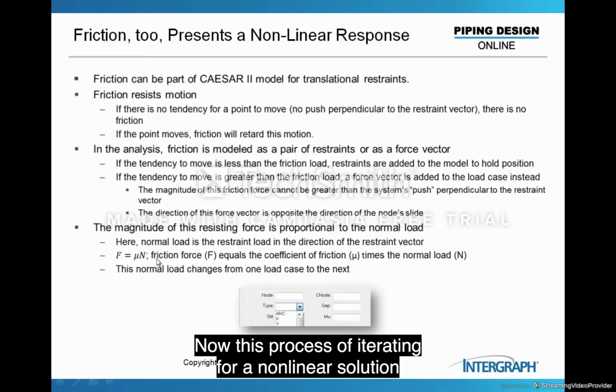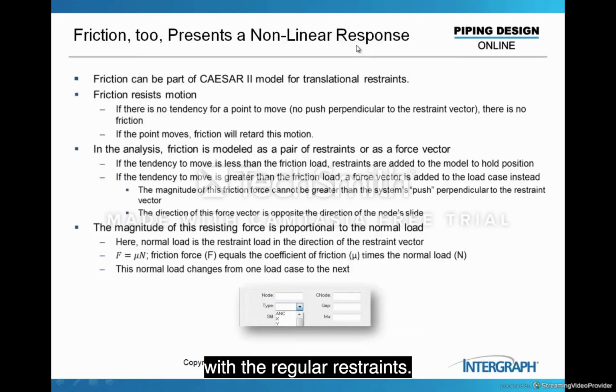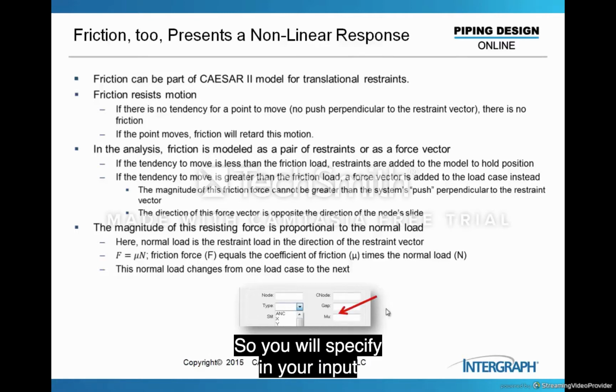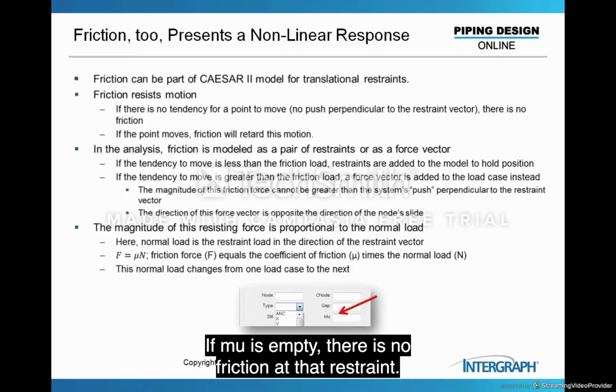Now, this process of iterating for a nonlinear solution will occur for every load case, just like it did with the regular restraints. So you will specify in your input your coefficient of friction. If mu is empty, there is no friction at that restraint.